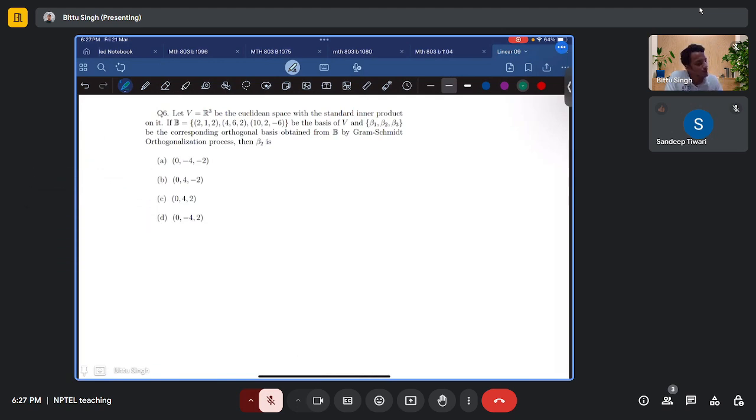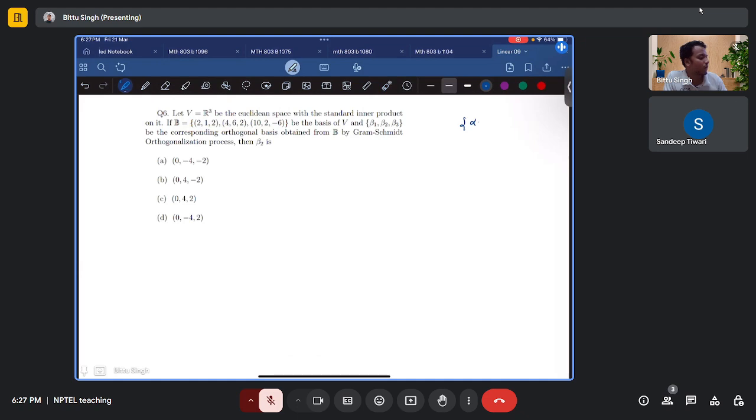Here V is actually R3, and this is the given basis. Now we need to apply the Gram-Schmidt method and orthogonalize this basis. What is orthogonality?